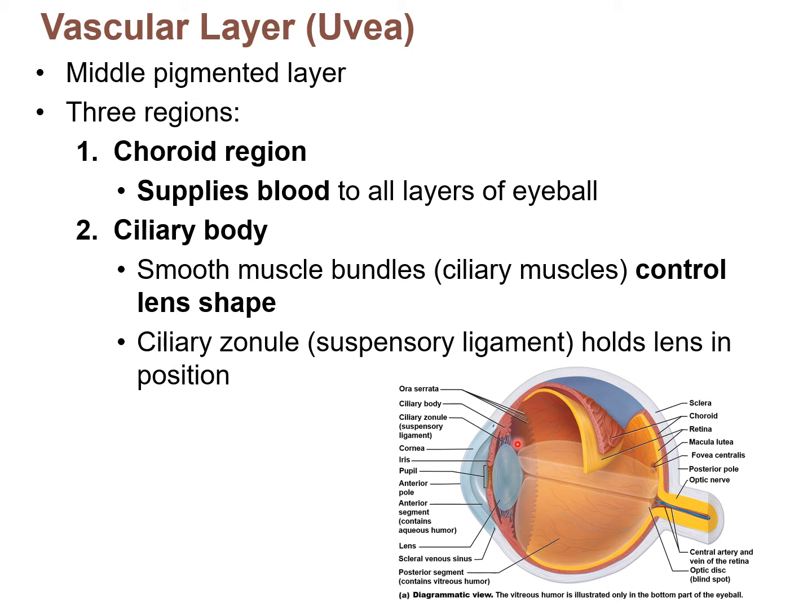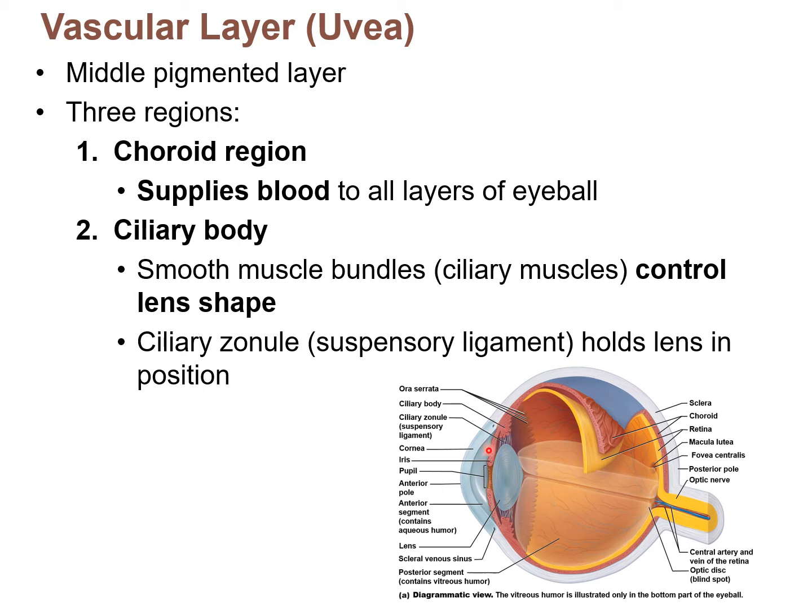You see the lens suspended in these ligaments. So this muscle can cause these ligaments to pull on the lens to flatten it, or to release or relax the suspensory ligaments to bulge the lens. So the lens can change shape. It can flatten or it can bulge depending on how these muscles, these ciliary bodies, are working.